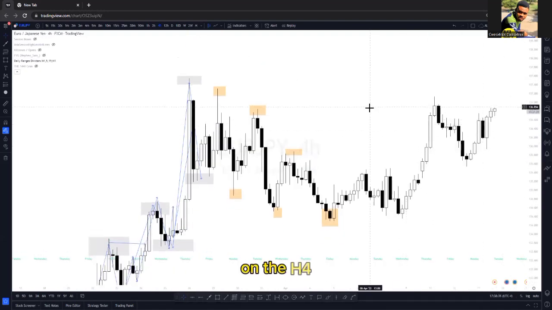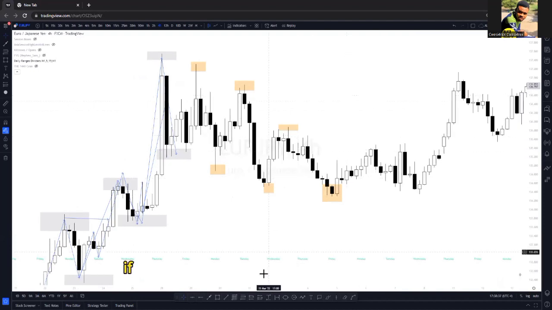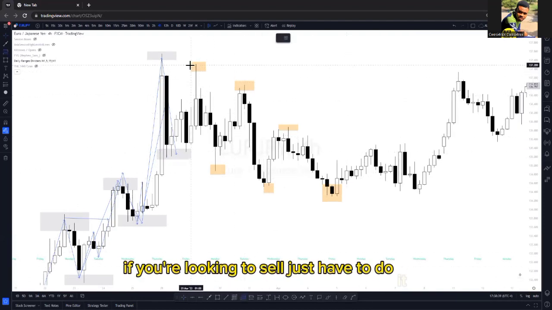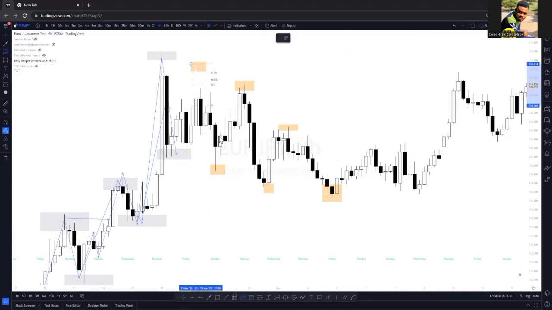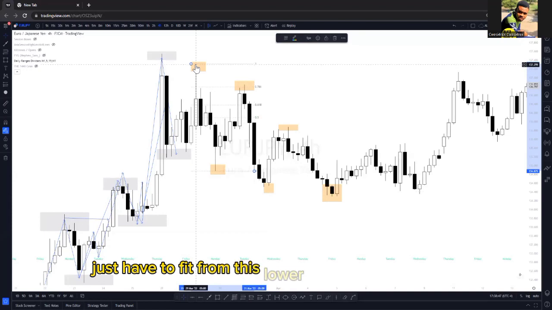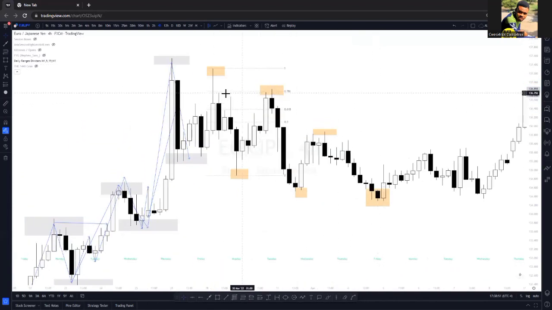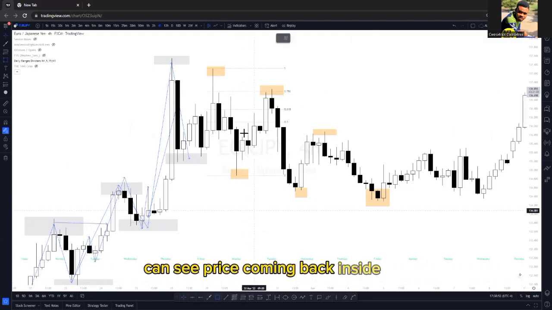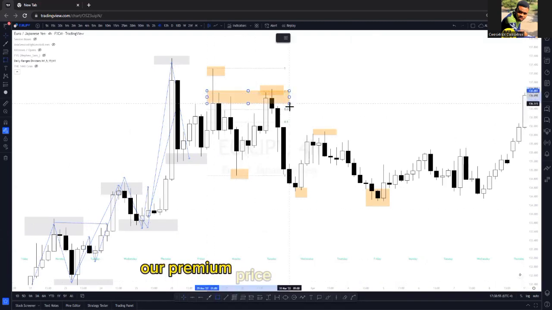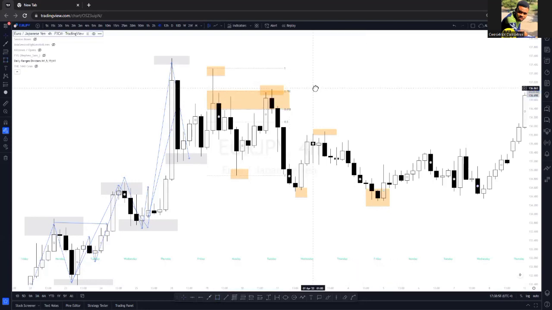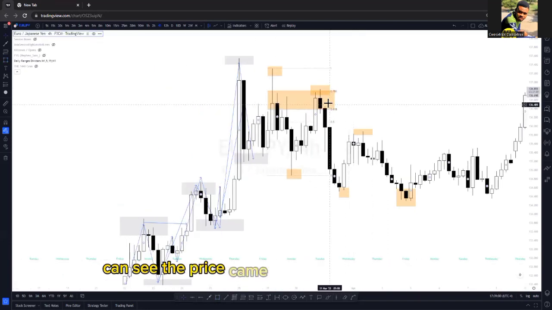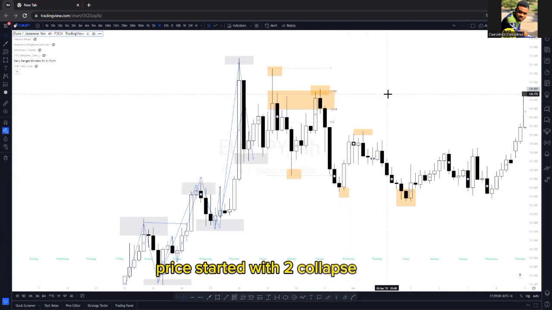So on the H4, if you're looking to sell, you just have to do a fib. Just fib from this lower high to this lower low, right? And what do you see? You can see price coming back inside our premium price over here. Beautiful. After price came inside our premium price, price started to collapse, right?